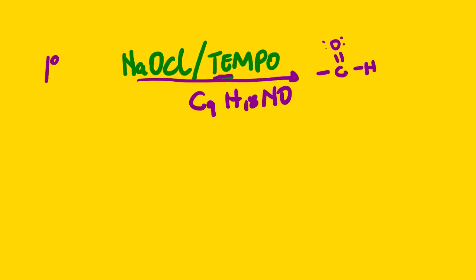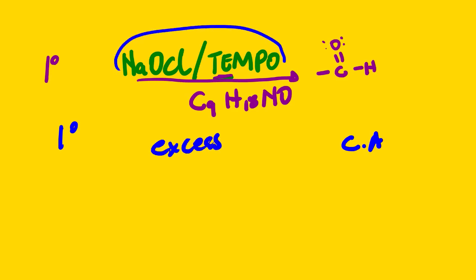And you should also know that this can be used to go from primary alcohol to carboxylic acids only if we use an excess of this. Sometimes it will be noted that we have an excess of this, and then the product is a carboxylic acid.